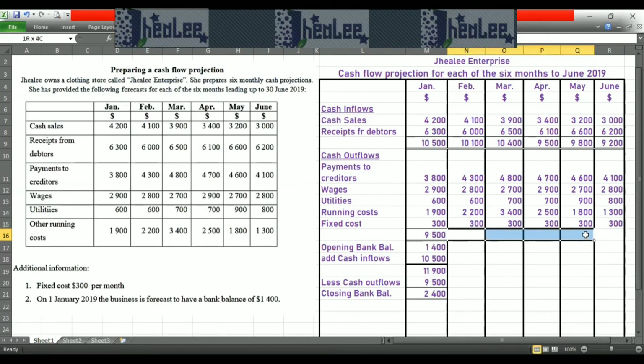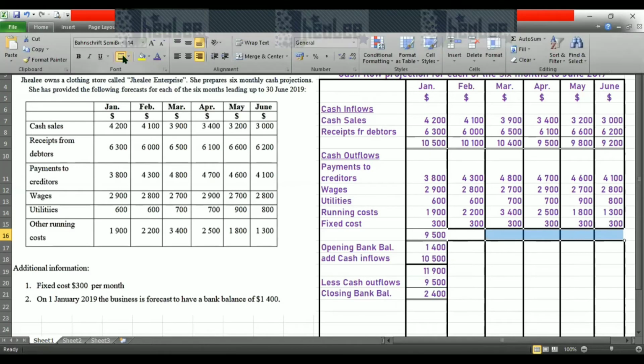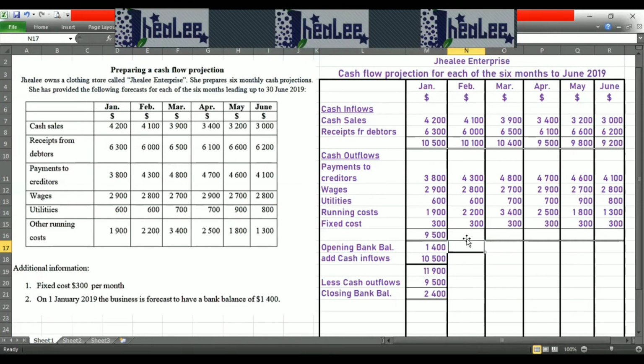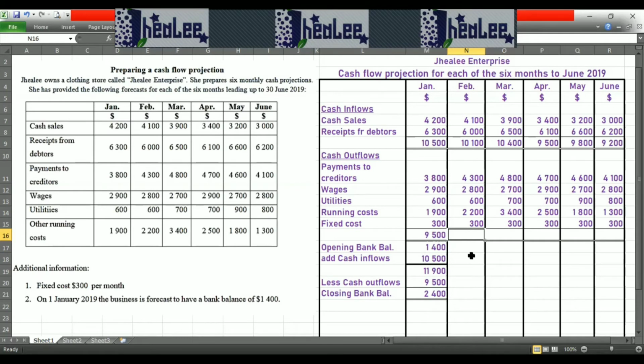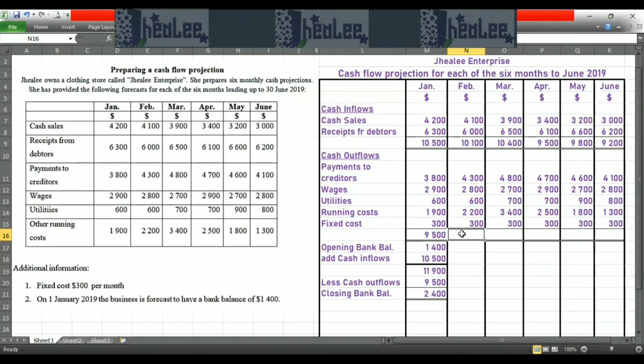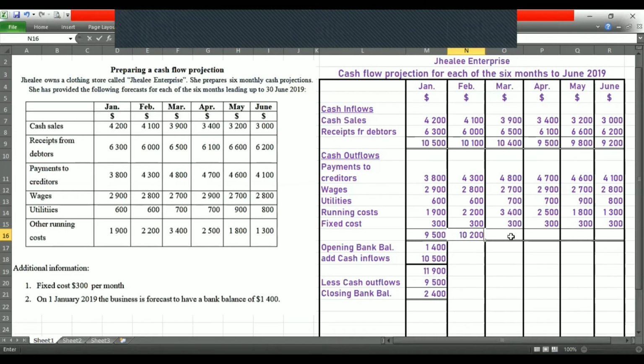So now that we have entered all the outflows, we can now put in our totals for each month going across as it relates to the outflows. So we begin with February, 4,300 plus 2,800. Ensure that you put in the right figures. We have 600 there, 2,200, and 300. So that gives us a total of 10,200.